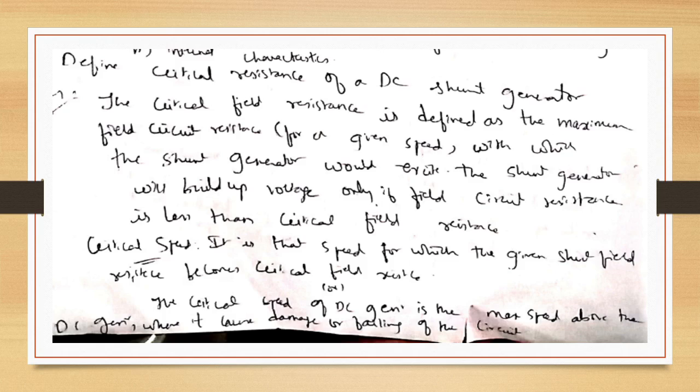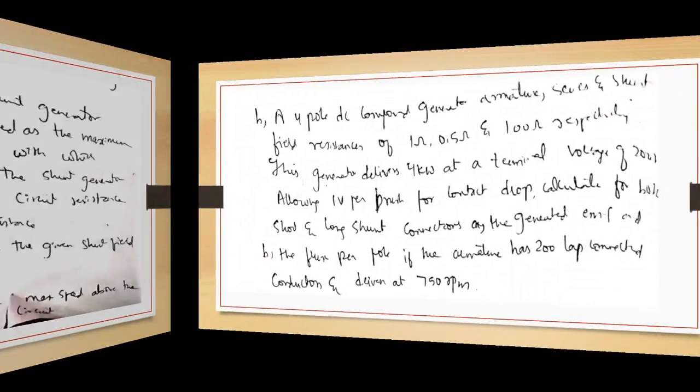So what is critical speed? It is that speed for which the given shunt field resistance becomes critical field resistance. So speed at which the shunt field resistance becomes critical field resistance is called critical speed. Or we can tell it as the critical speed of a DC generator is the maximum speed above which the DC generator may suffer damage or failing of the circuit.